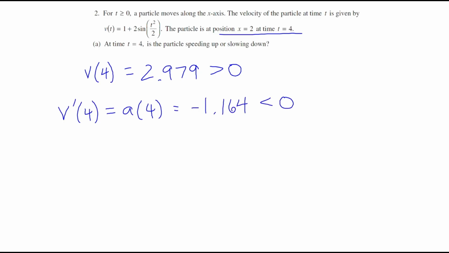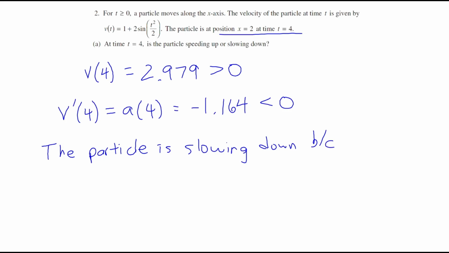Which is clearly less than 0. And when the velocity and the acceleration have opposite signs, the speed is decreasing. So we'll say the particle is slowing down because v of 4 is greater than 0 and a of 4 is less than 0.